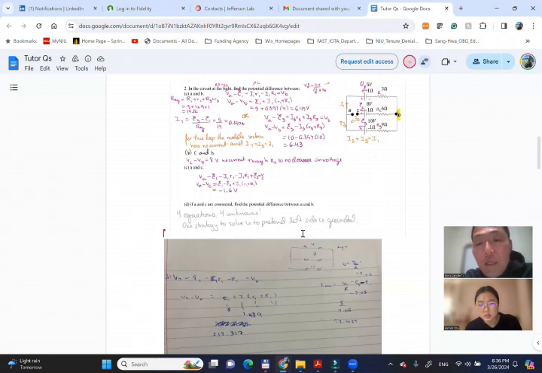As I said, you can set up your current direction arbitrarily as you want, but your total current should be consistent to meet the junction rule.